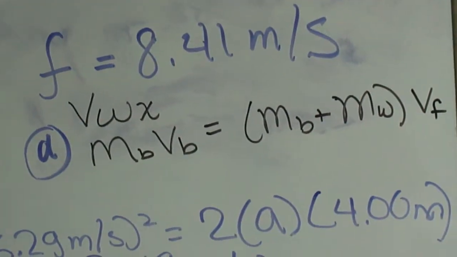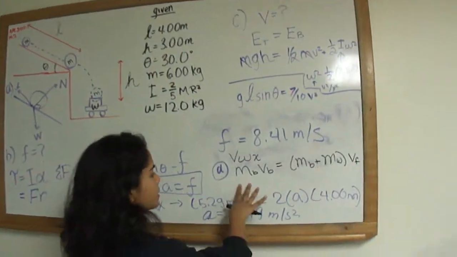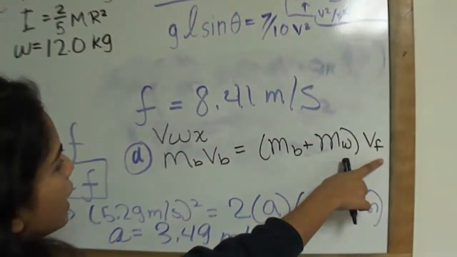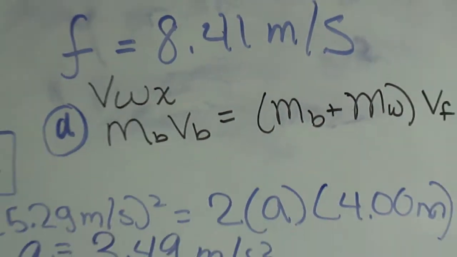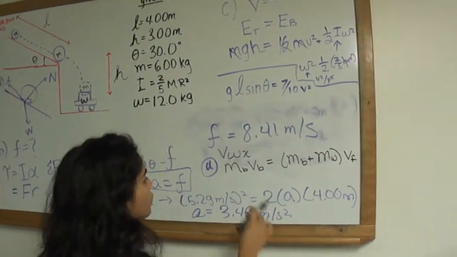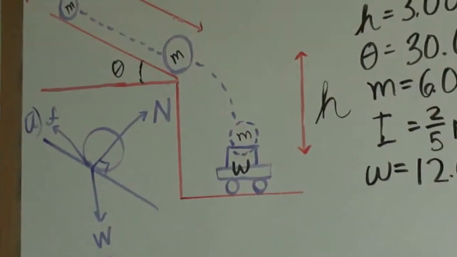As the ball is leaving, it only has horizontal speed, so we don't need to break it down into x's and y's. That velocity final will be equal to the velocity of the wagon in the horizontal direction. And the reason we can use this is because the ball's going to land in there and it's going to stay there.